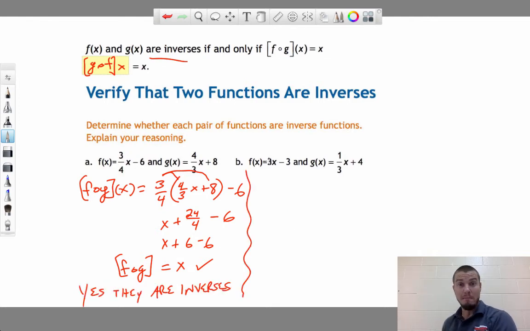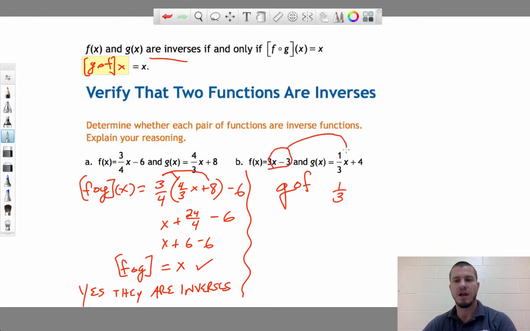And moving on to B. So this time I'm going to try g of f, and I'm going to use this one. So I'm plugging the f function into the x of the g function.